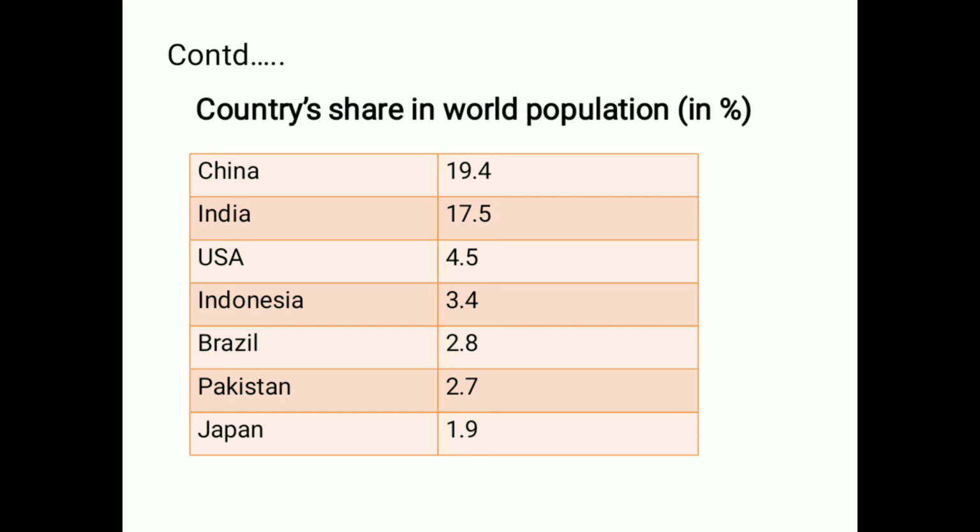China's share in the world population is 19.4%, whereas India's share is 17.5%, and Japan's share is 1.9%. The area of India is much lesser than China, but its increment in the population is very much higher.